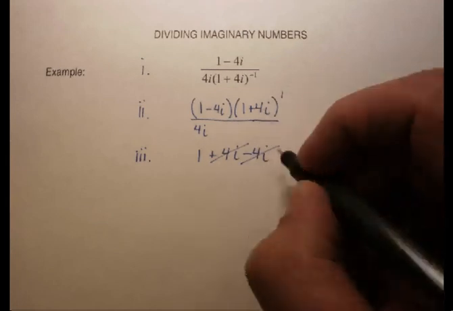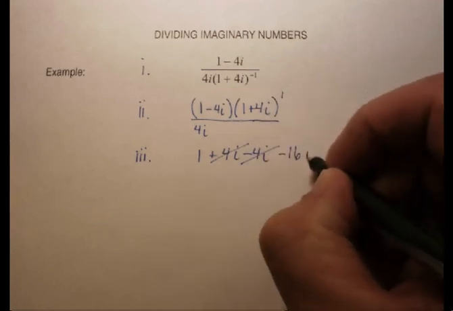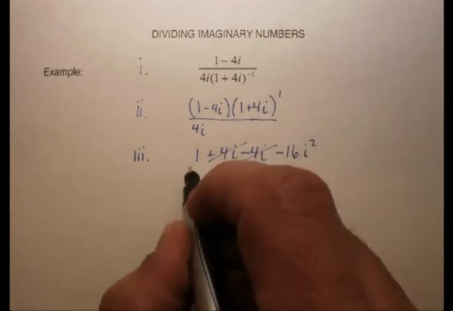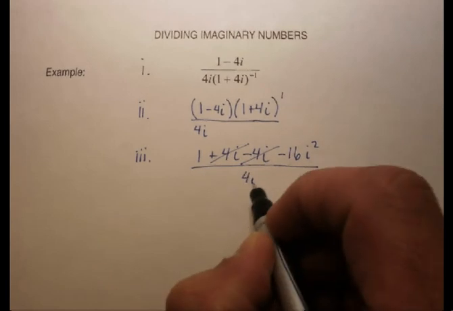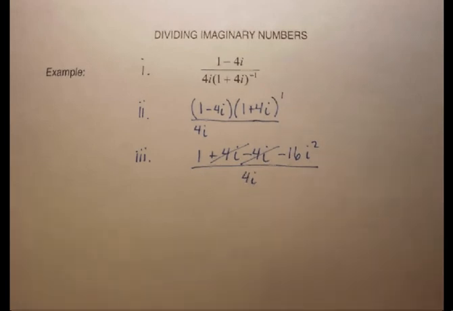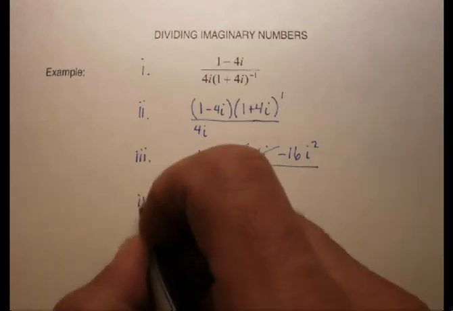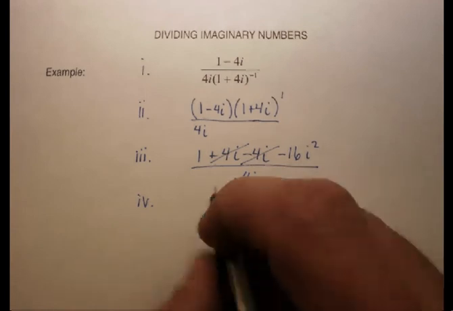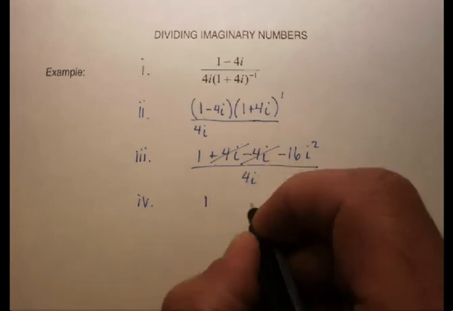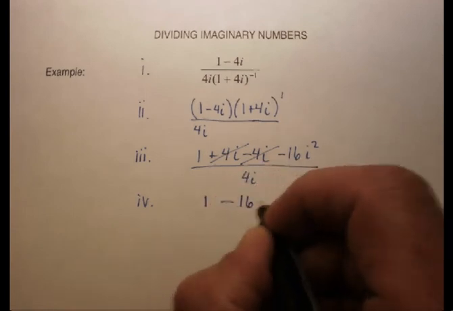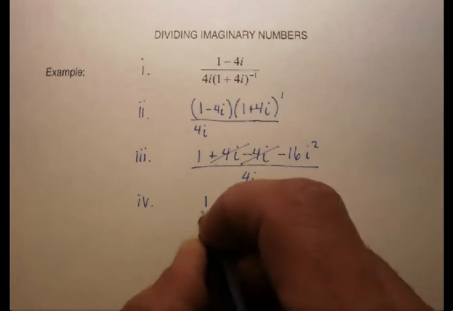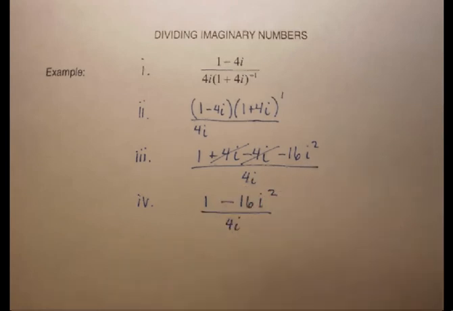And then that times that is a minus 16i squared, all over 4i. Let me just rewrite this really cleanly if I could. I get 1 minus 16i squared all over 4i.